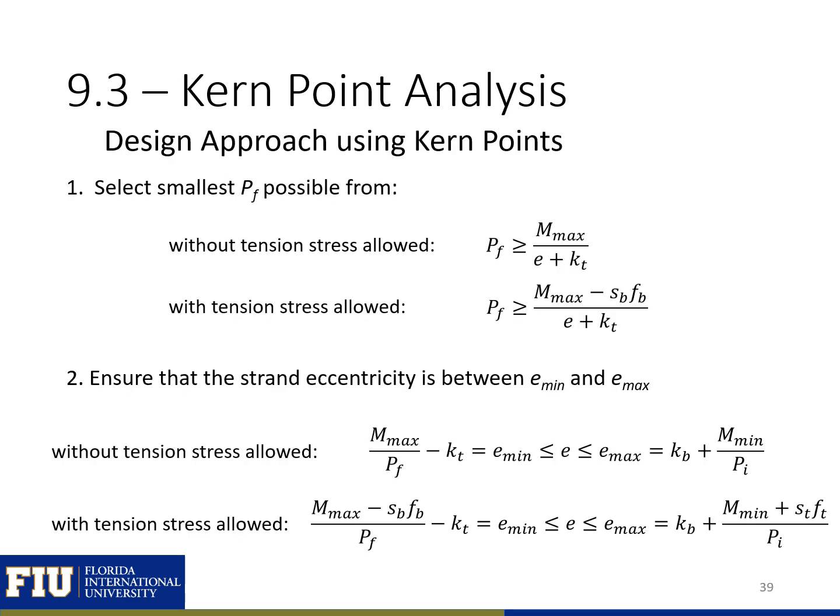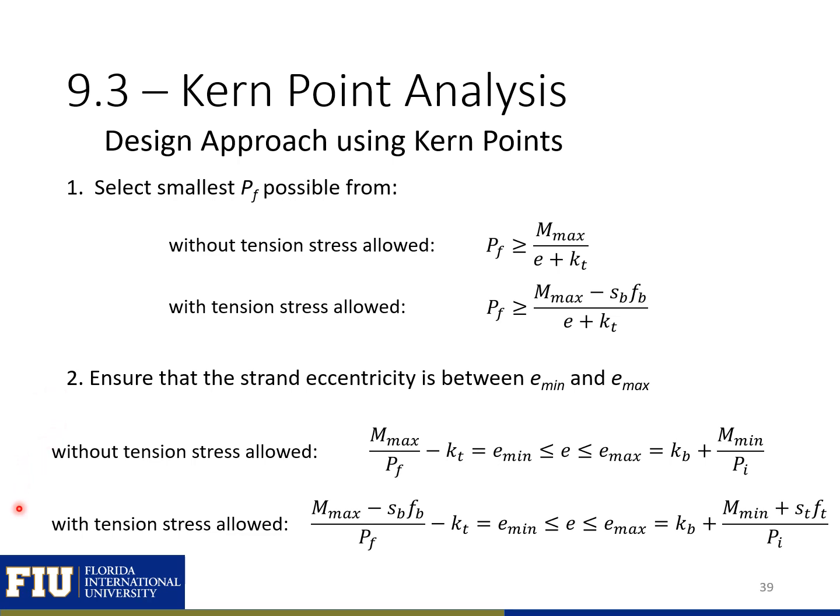So shown here are how we can use these Kern point equations in our actual design procedure. So we would use the Kern point equations here to select our smallest possible pre-stressing force in service, so either with or without tensile stresses being allowed. We can then come up with a range of eccentricities that we need to keep our strands between.